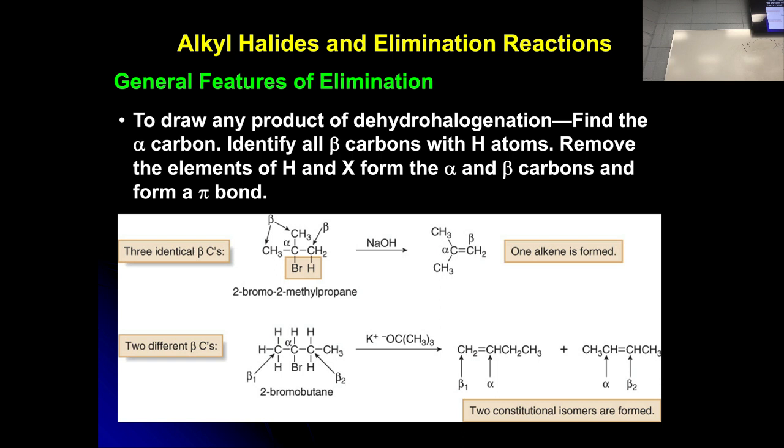So if Alyssa came to the lab and did this experiment and then analyzed the results, do you think she'll get equal amounts of the first product and the second product? Or would you expect to get different amounts of each one?